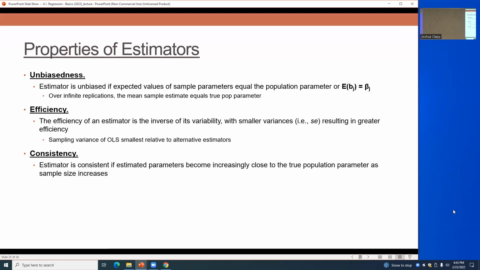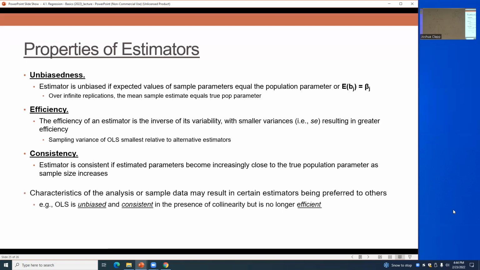If I have an estimator that's not consistent, it's saying that as my sample size increases, I'm not getting asymptotically closer to the actual population value. What I would hope is that as I'm getting larger and more representative samples, I can assume that my estimator is getting closer and closer to the actual true, hypothetical value that I'm trying to estimate.